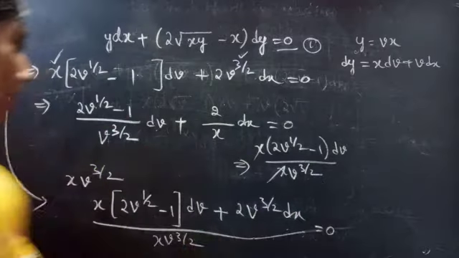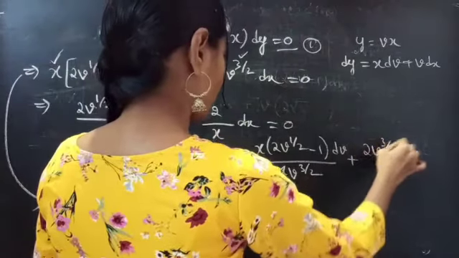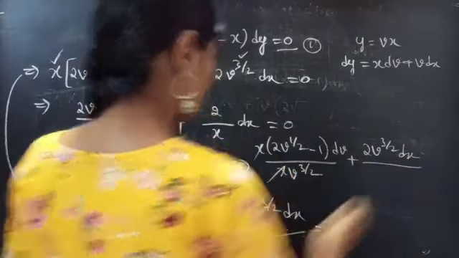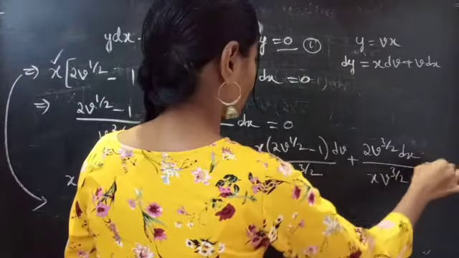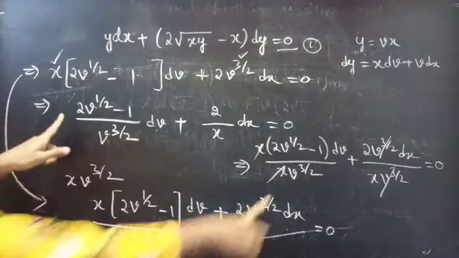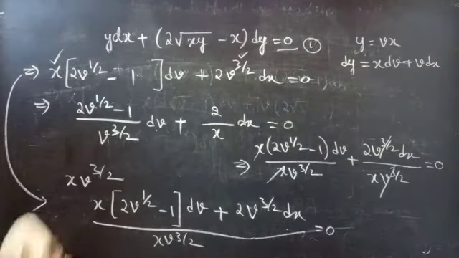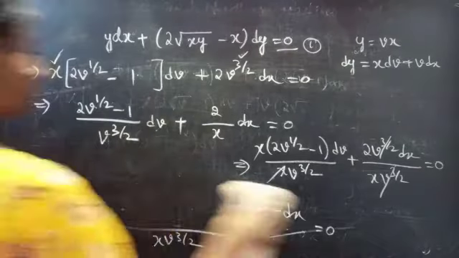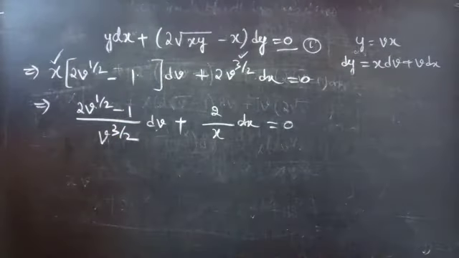Here x gets cancelled, plus 2 v power 3 by 2 into dx by x into v power 3 by 2 equals to 0. Here v power 3 by 2 gets cancelled. Finally, you'll get the same thing.